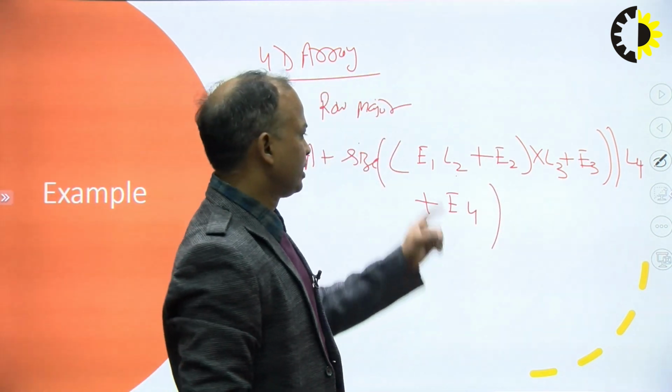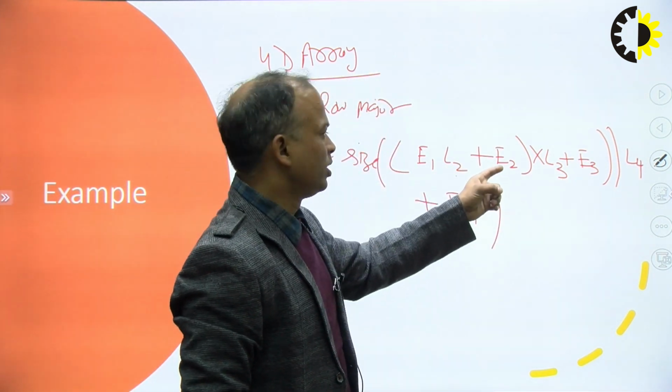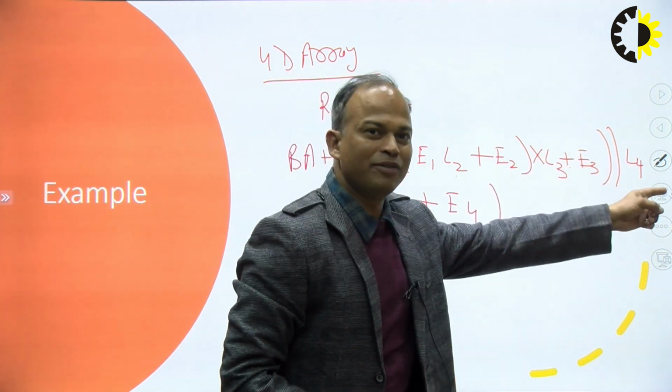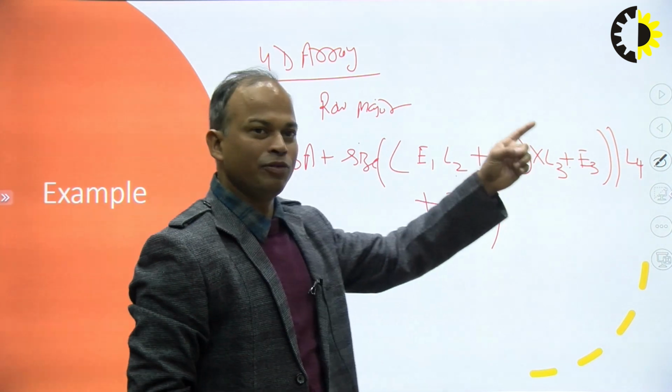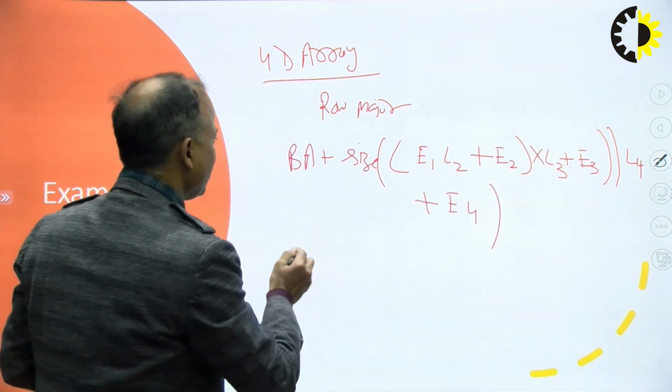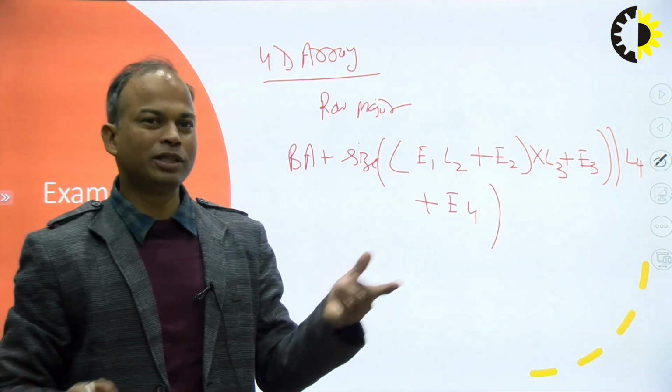So further, E1 L2 plus E2 whole is multiplied by L3 plus E3 whole is multiplied by L4 plus E4. This is the representation for the row measure, and similarly you can also write the formula for the column measure.